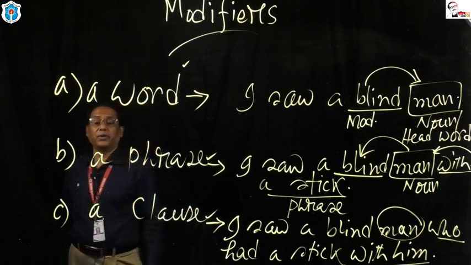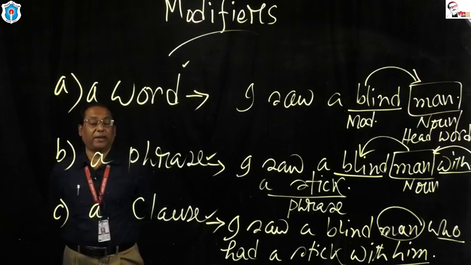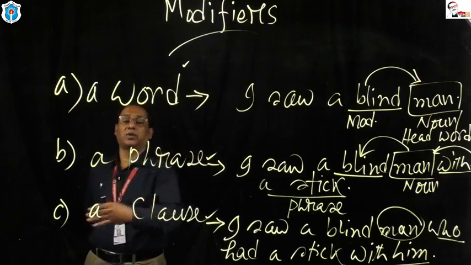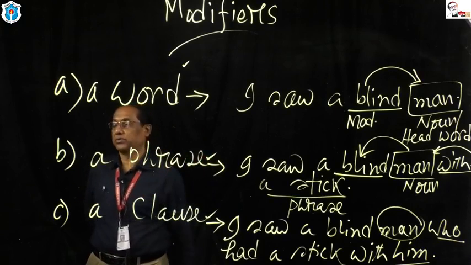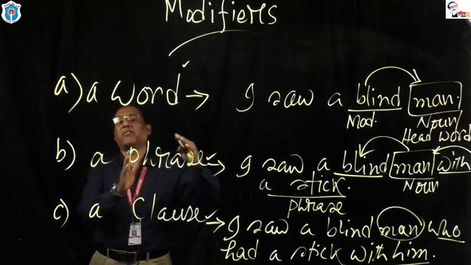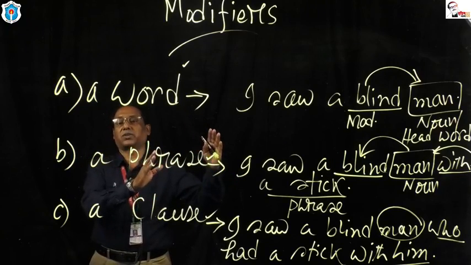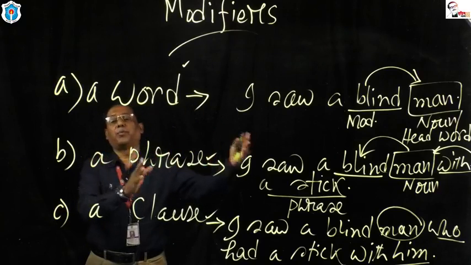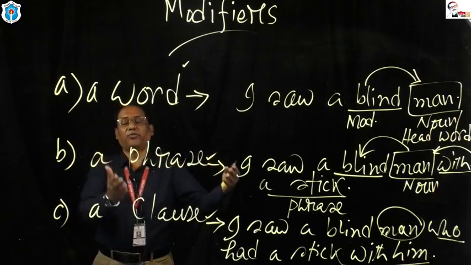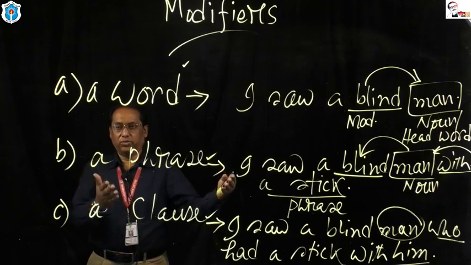Now, you should know a phrase and clause, and that is your problem. There are many students who don't have the clear conception of a phrase or a clause. But think, when you are asked to use a phrase, in the bracket there is some instruction that use a prepositional phrase or use an infinitive phrase. Yes, you are asked to use.